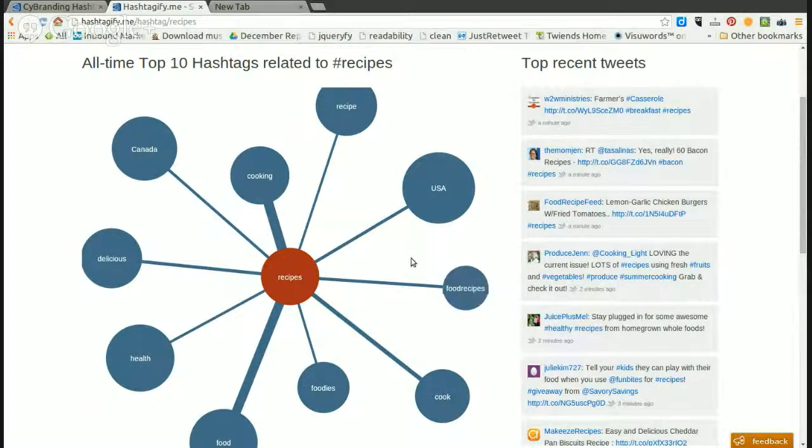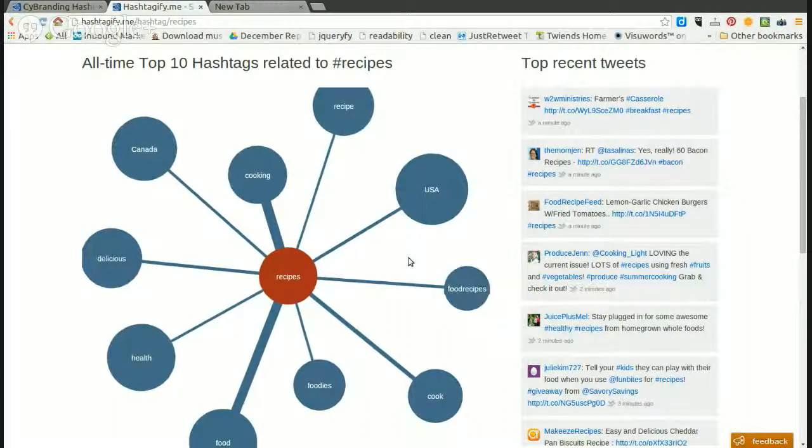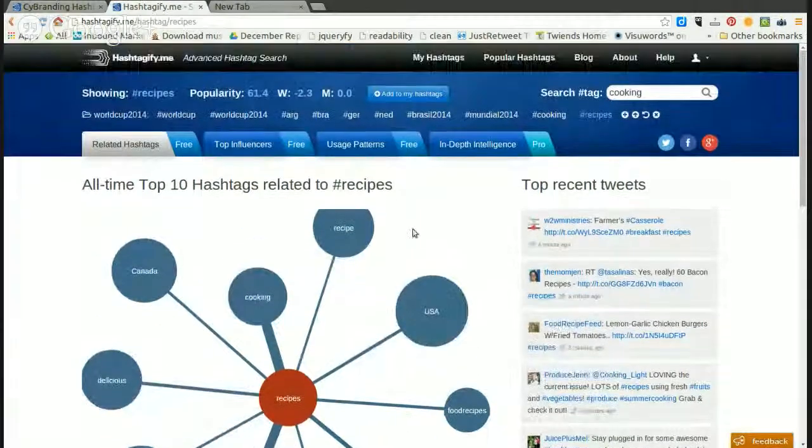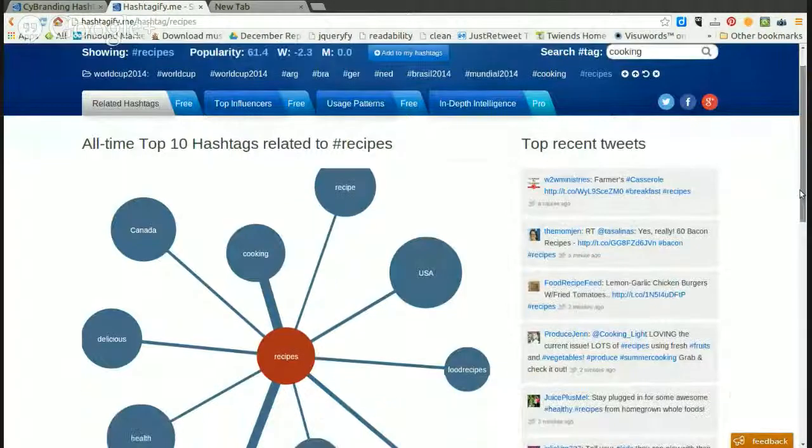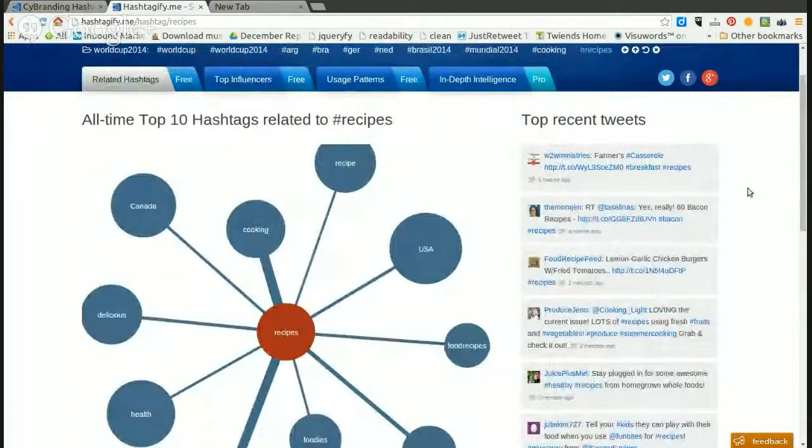So I would try to find some hashtags which are as specific as possible while still being big enough for me. So for example, to give you some numbers, they should be above 30, 35 points in our popularity rating, but they should be specific enough.